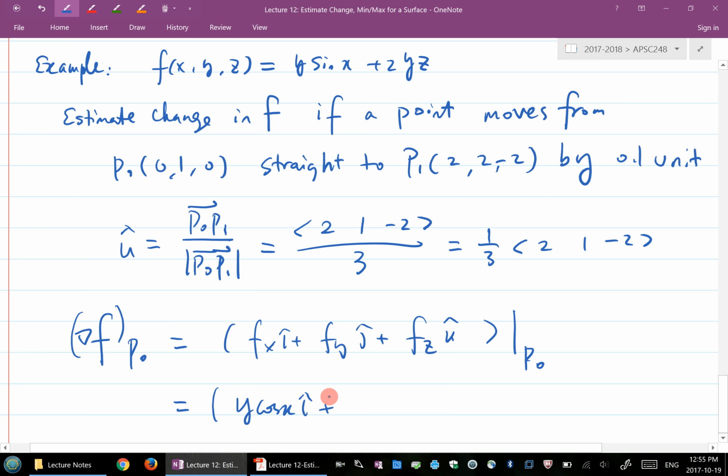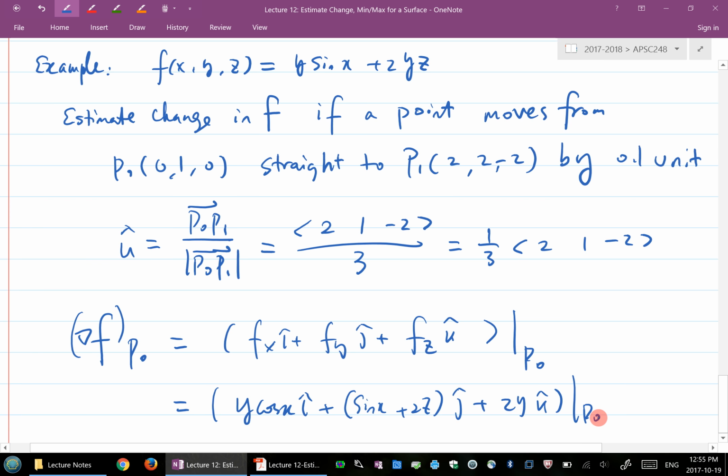For fy, that will be sine x plus 2z. For fz, only the last term has a z, so that's 2y, at the P0 location.